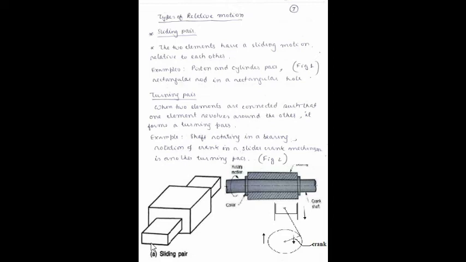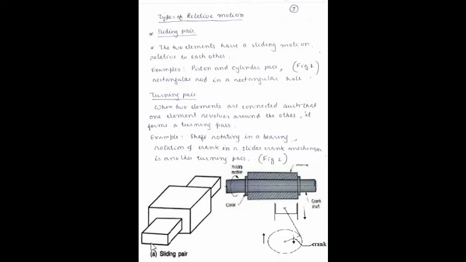If you have seen a piston inside a cylinder which is reciprocating, you will see that this piston has sliding motion. Another example could be a rectangular rod in a rectangular hole. So when we push a rectangular rod through a rectangular hole, it will form a sliding pair. So figure 1 is showing the sliding pair.